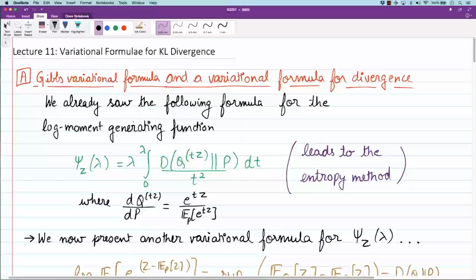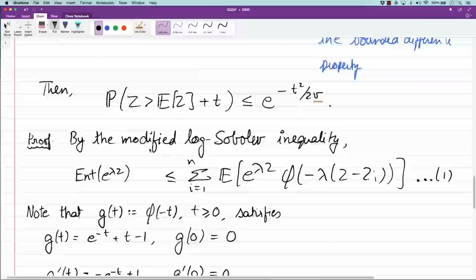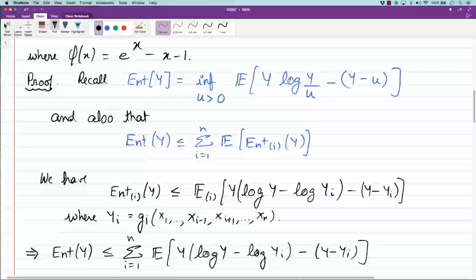And more importantly, bounding this quantity can be handled in a nice way, because this quantity tensorizes. This quantity in particular gets related to entropy, and that entropy tensorizes.